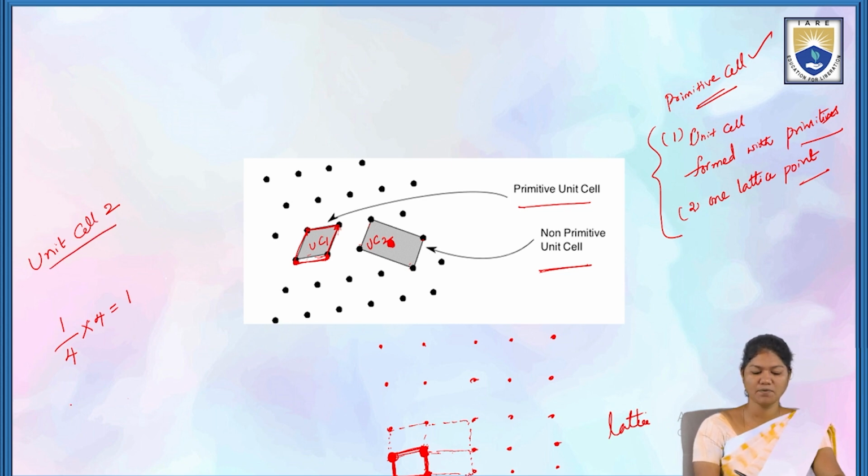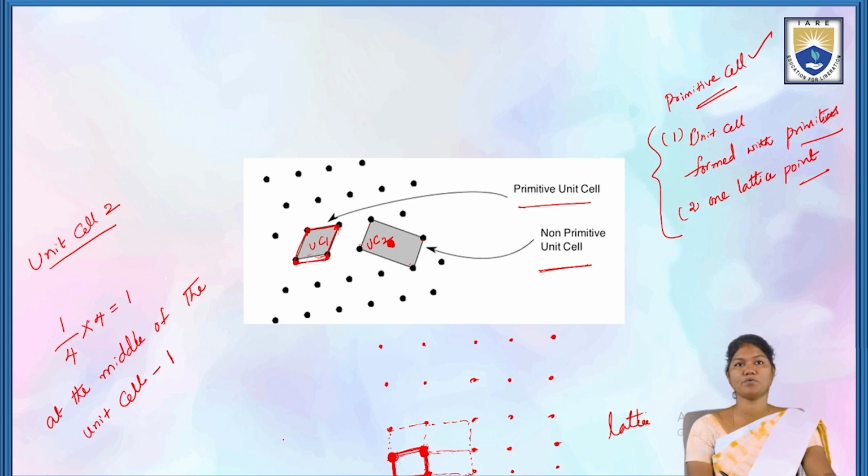one lattice point, and at the middle of the unit cell, there is one lattice point.